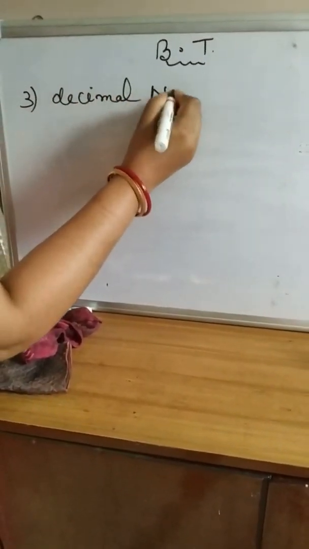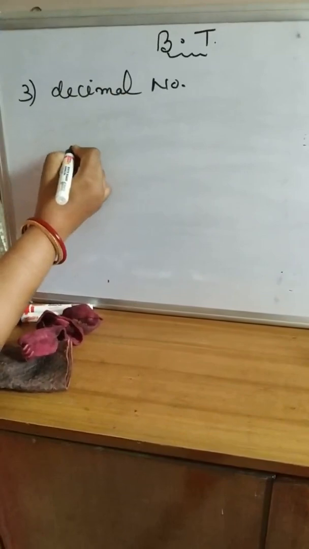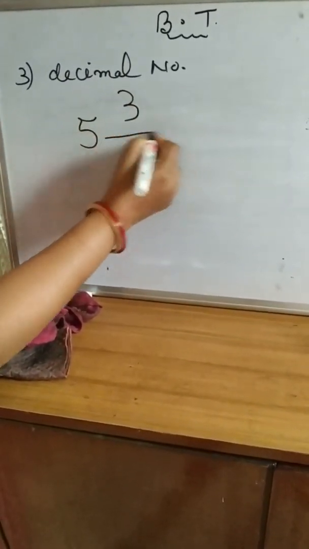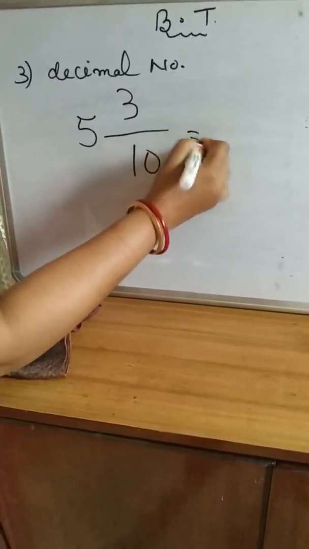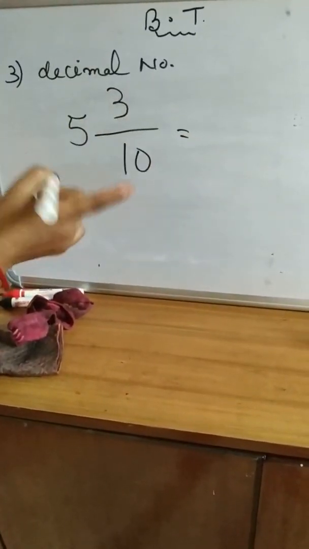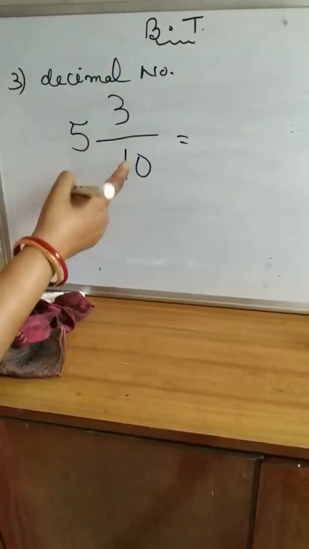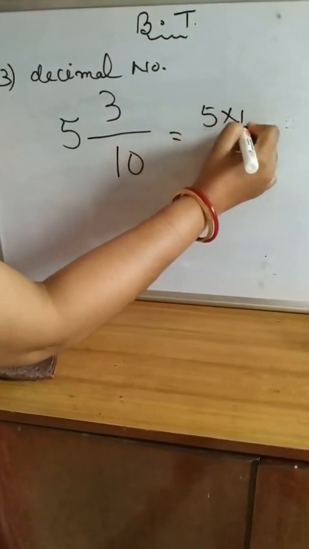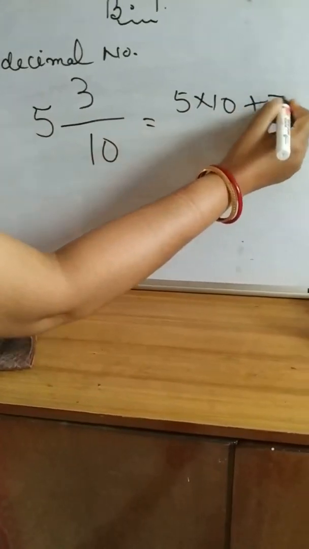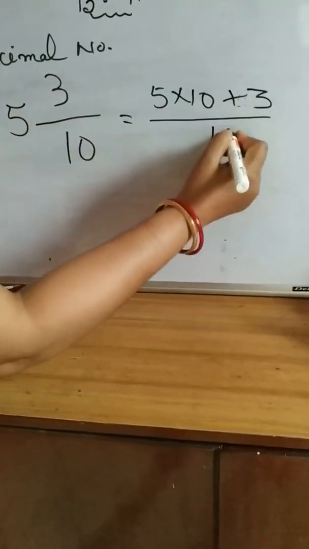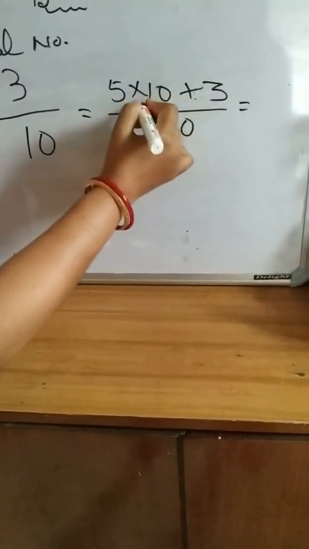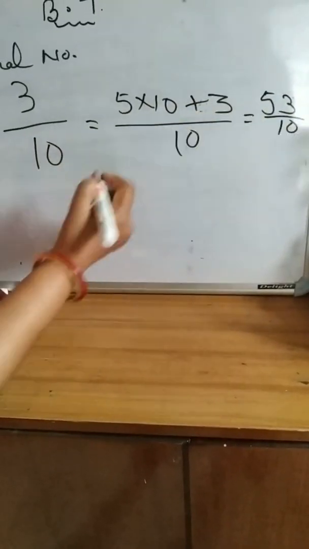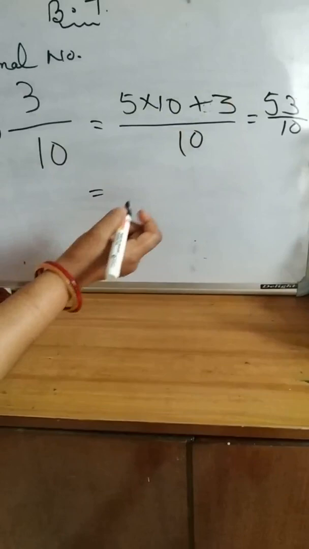So here a mixed number is given, 5 3/10. So first form it into a fraction. This is a mixed number. So how will you do it? 5 into 10 plus 3 by 10. So it is 50 plus 3, 53 by 10. Now divide 53 by 10.